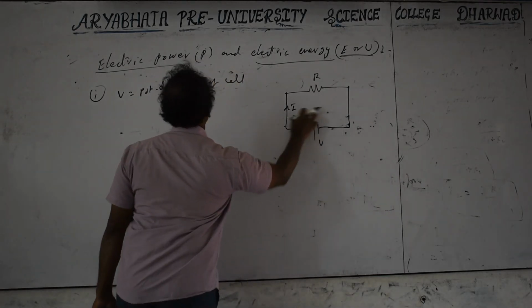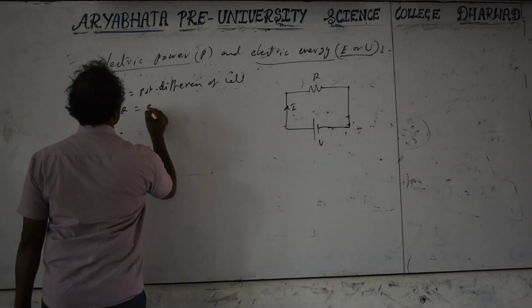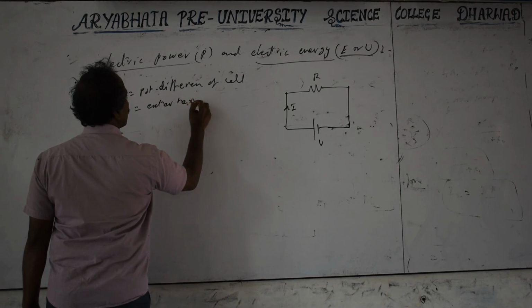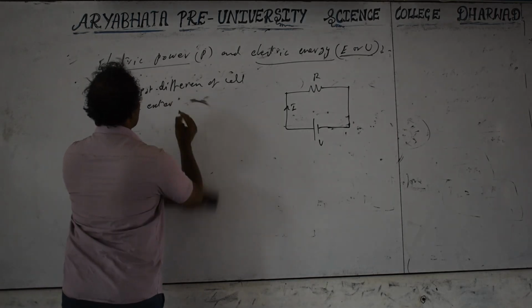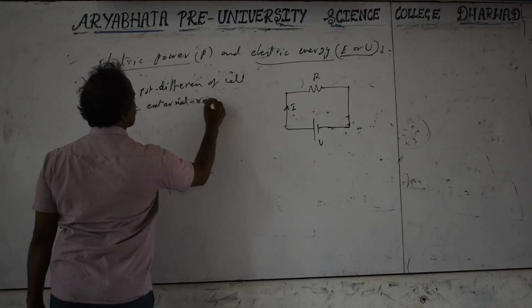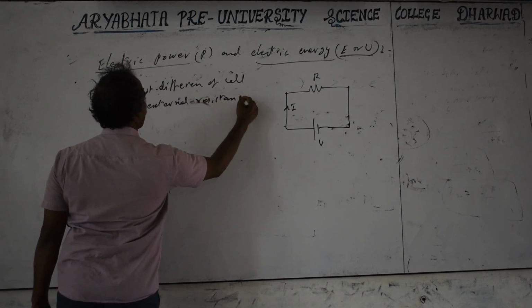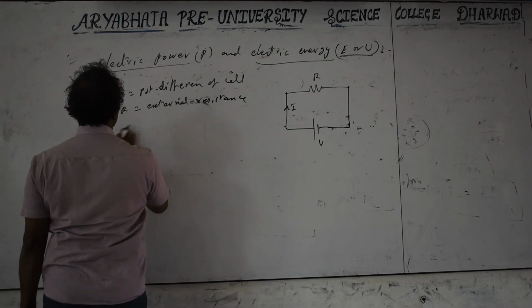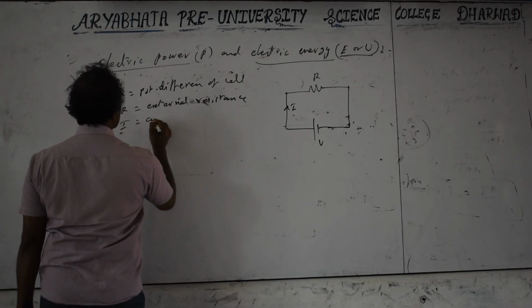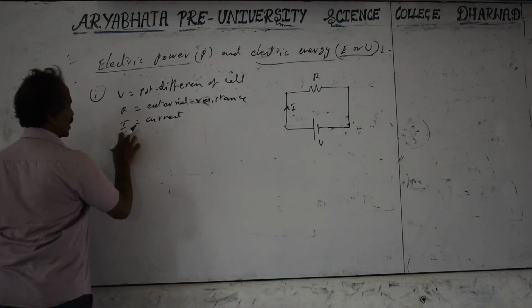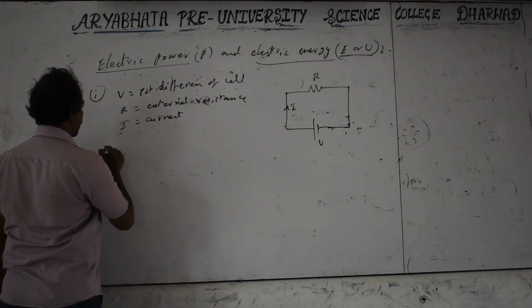So R is the external resistance, connected in parallel to the voltage. I is the current. One time, current is passing through this.